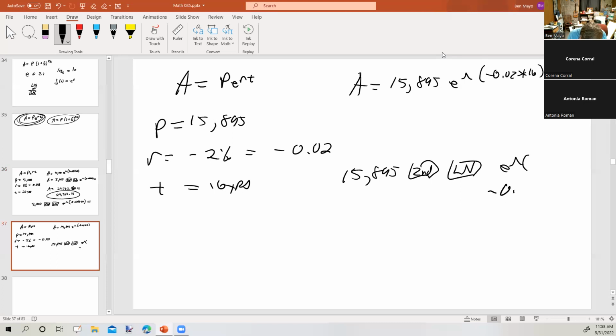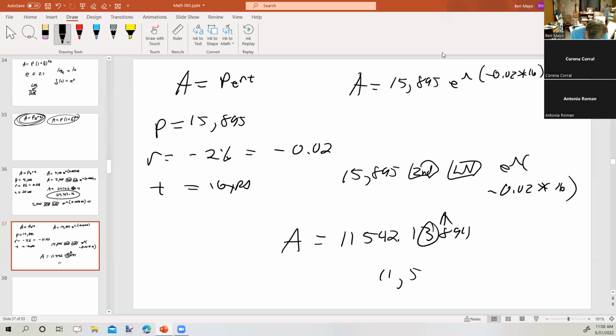So negative 0.02 times 16, close it up, push equals. And we should get 11542.13894. The 8 rounds up. So we should come up with that. So try that, make sure that's working for you. Okay with that? Yes. All right, super.